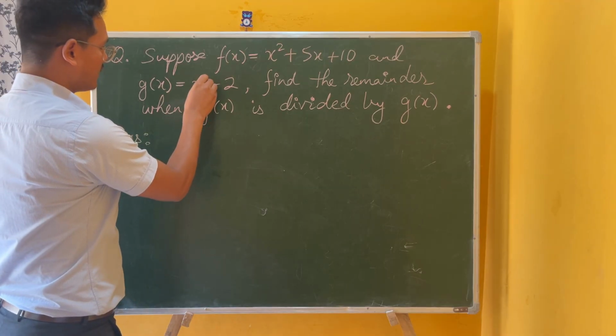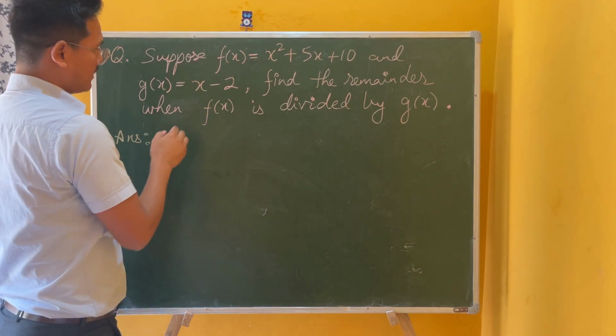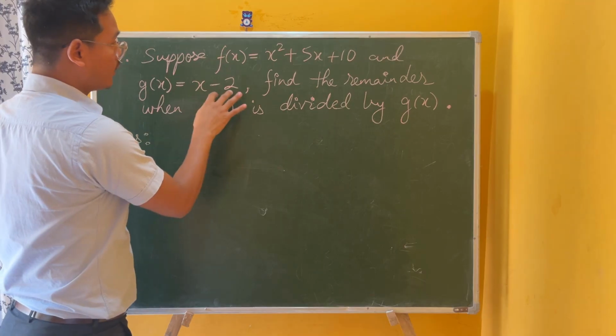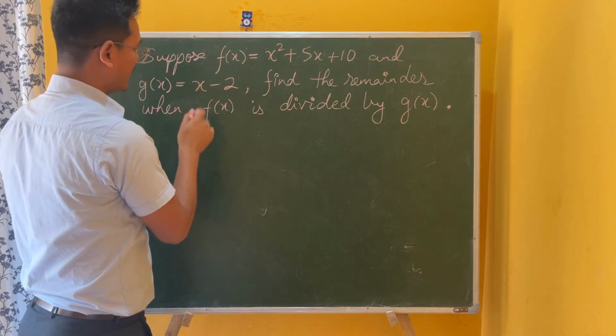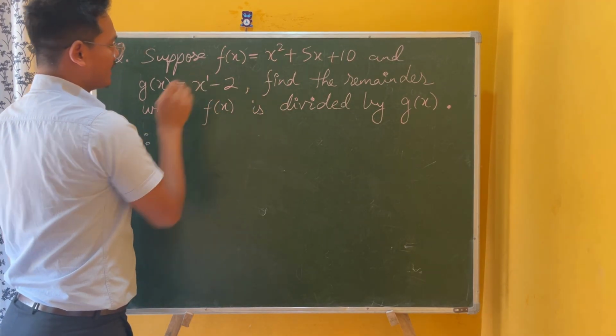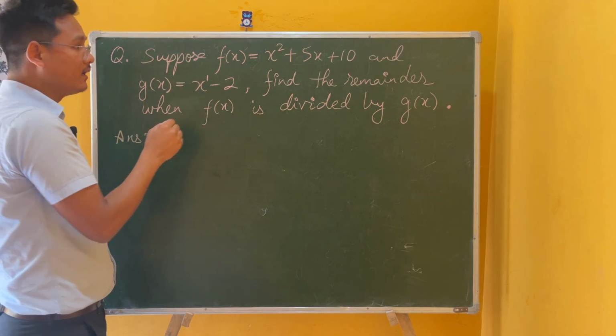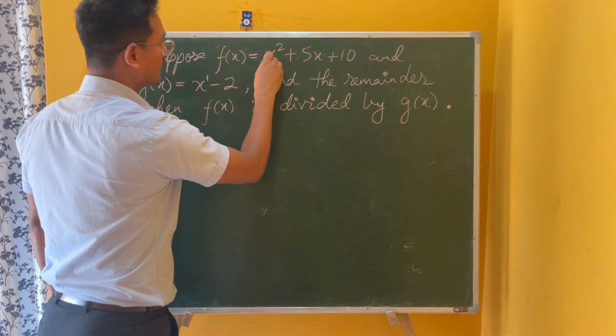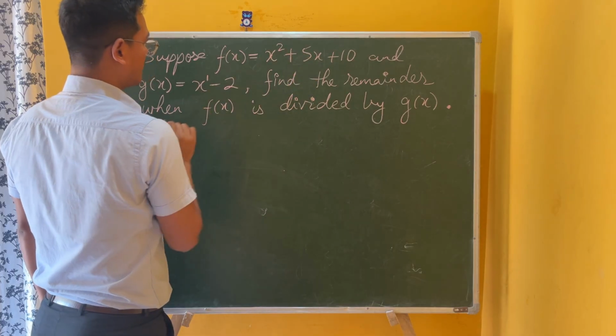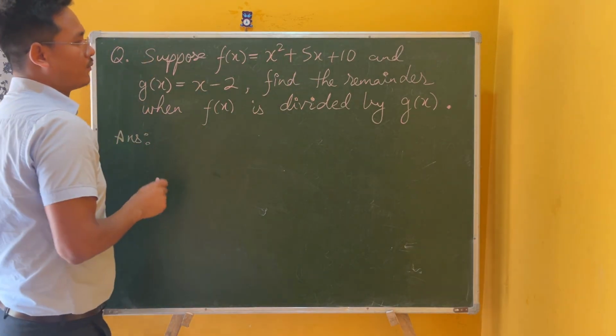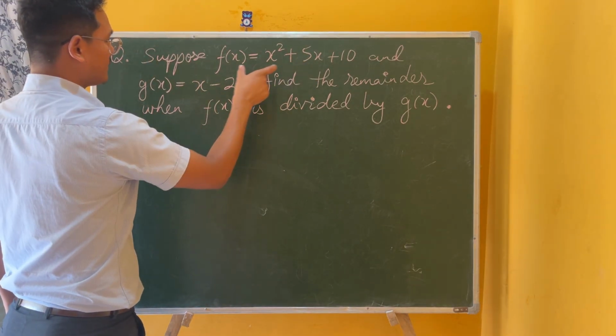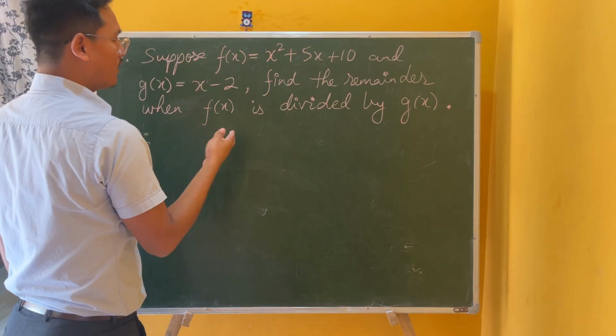So this is called a linear polynomial, quadratic polynomial. Linear means the highest power of the variable is 1. Quadratic, the highest power or the degree of the variable is 2. Okay. So when you divide this polynomial by this one, what is the remainder?